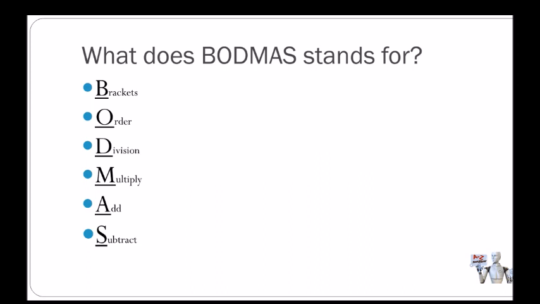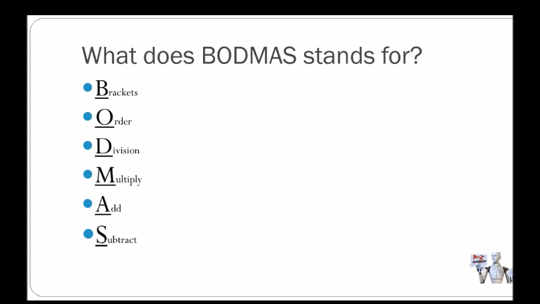It goes in order: brackets, order, division, multiplication, add, and subtract. Some of you might also know this term as BIDMAS, which is brackets, indices, division, multiplication, addition, and subtraction, which is one and the same thing, right? If you follow this rule, then you will be able to solve the mathematical calculations correctly.